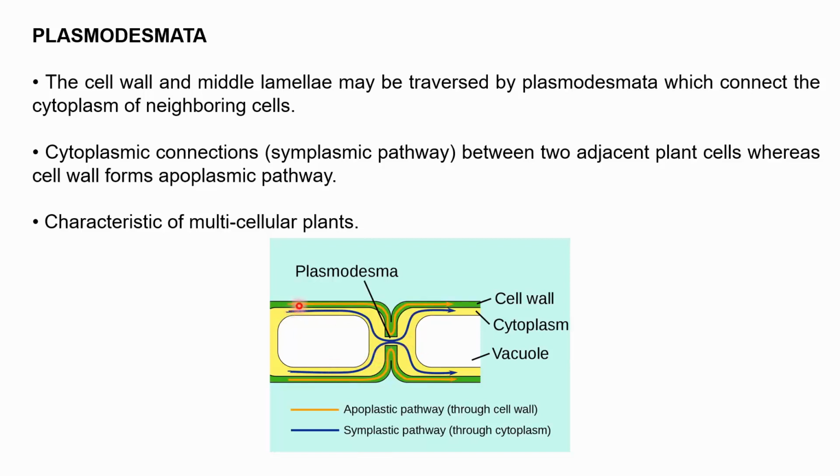This is a very important concept because many questions are asked from it. So it is really important to understand what the apoplastic pathway and the symplastic pathway are. When the movement of materials takes place through the cell wall, the pathway is called the apoplastic pathway. And when the movement takes place through the cytoplasm, the pathway is known as the symplastic pathway.